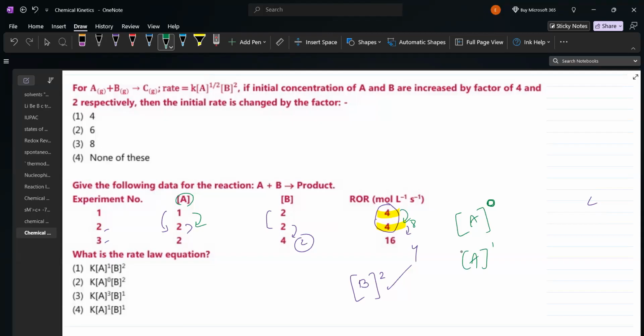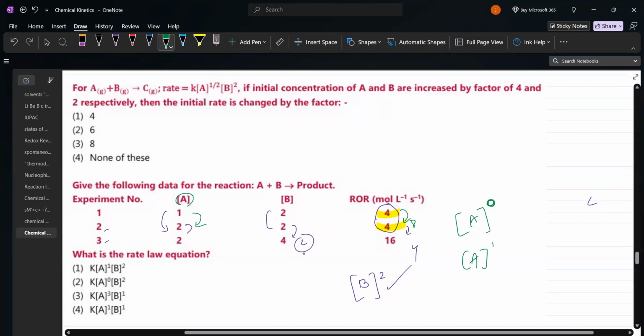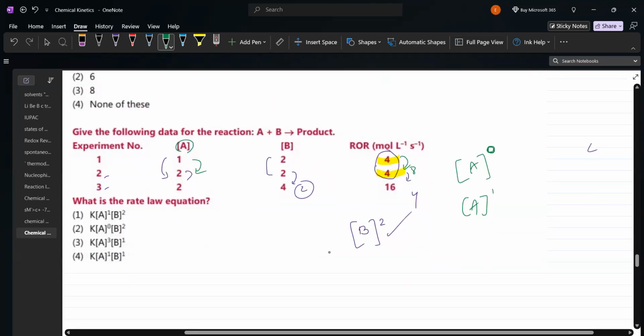Okay, so please take less time to solve the questions. It should take within 1 minute to solve the question, right? So please try to solve more questions in minimum time. Then we will discuss if you have some doubts.